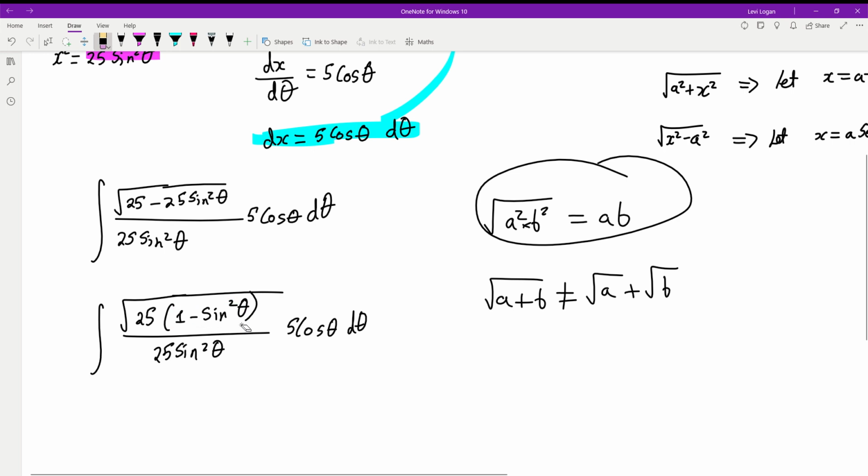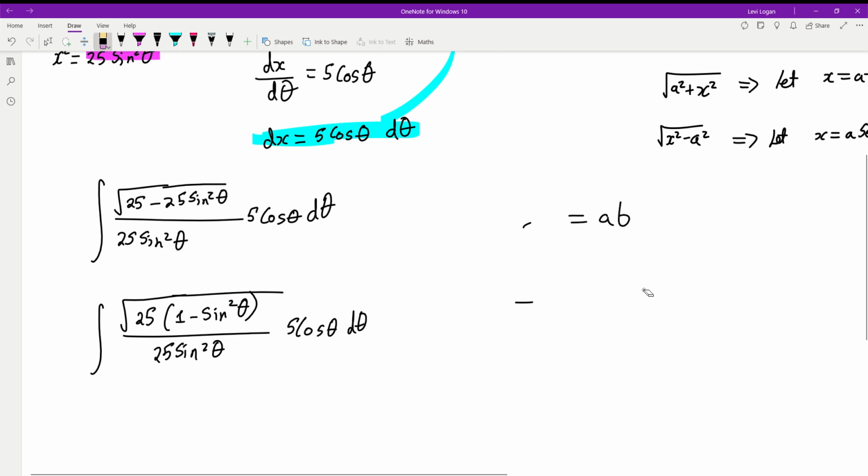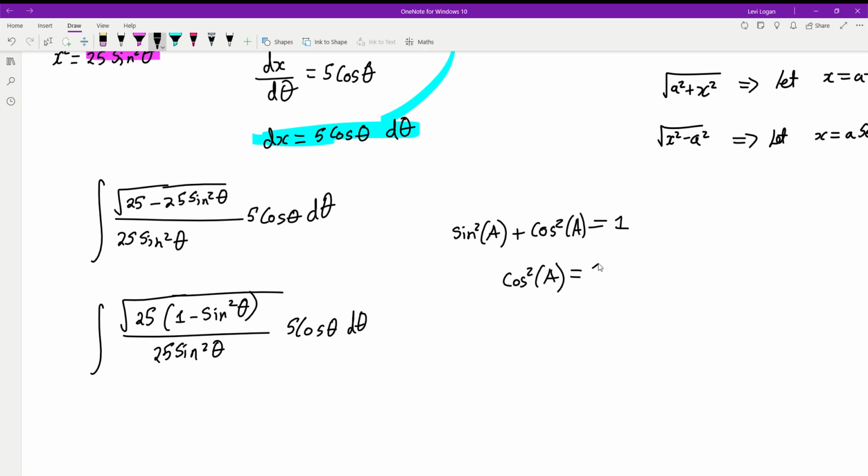So if we take a look at one of the identities up there before, we can recall the first one. If you have sine squared of an angle plus cos squared of the same angle, that's equal to 1. If I rearrange that, I get 1 minus sine squared of that angle is equal to cos squared of that angle.